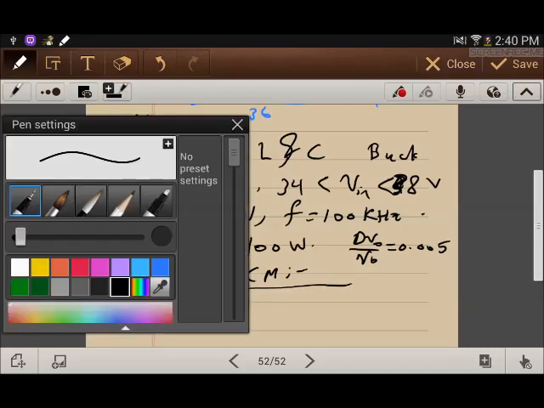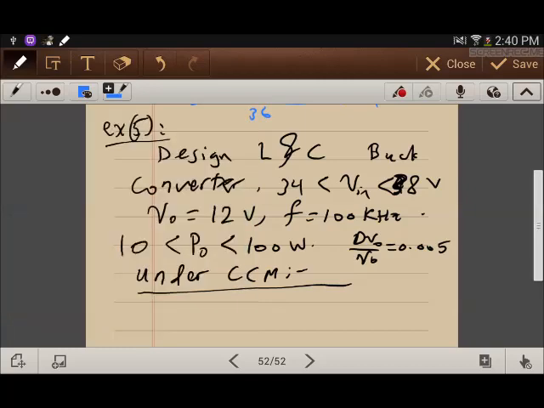So we see in this example that the voltage is variable, the load is variable as well. So how to design L and C in such a case?